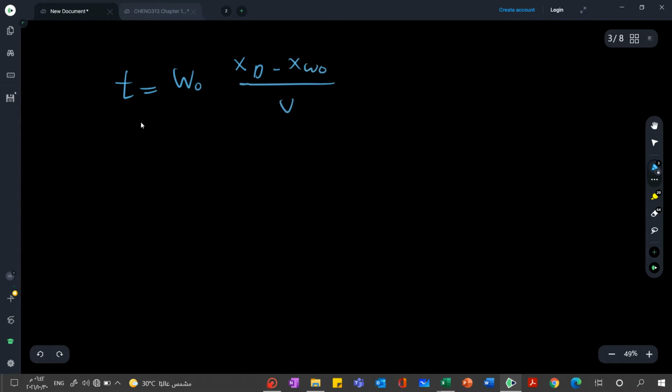If you remember, t equals W naught (XD minus XW naught) over V, integral from XW to XW naught of dXW over (1 minus L over V) multiplied by (XD minus XW) squared.